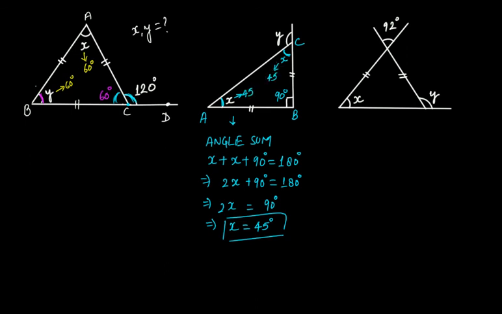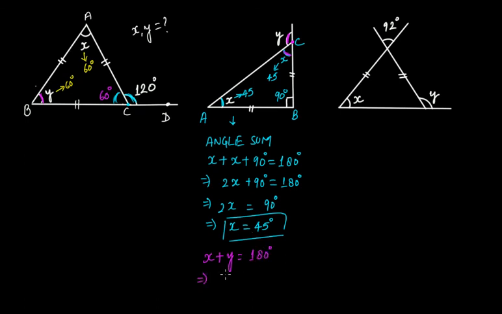Okay, now focus on this vertex C. This X and this Y are two adjacent angles which are forming a linear pair, because this is a straight line. So this is one non-common arm, this is another non-common arm, this is the common arm, this is a linear pair. It means that X plus Y is equal to 180 degrees.